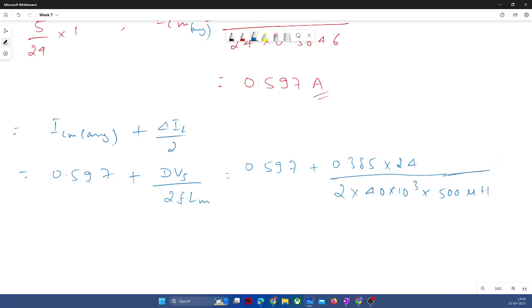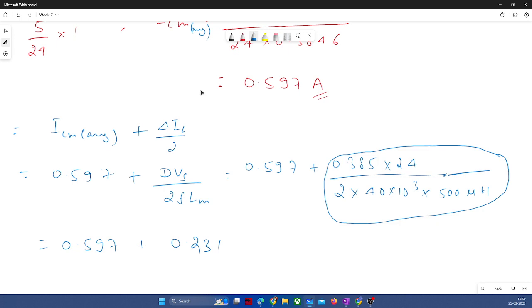We will compute first this parameter, del IL by 2. It is coming out to be 0.231. Hope I am correct about it.